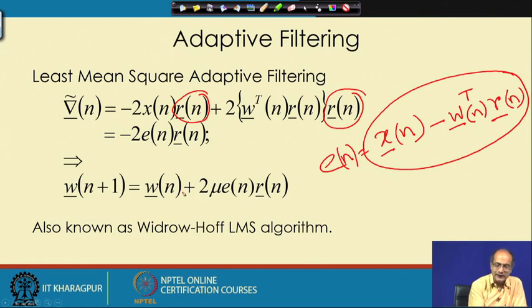This equation is our update equation, and this is known as the Widrow-Hoff LMS algorithm.